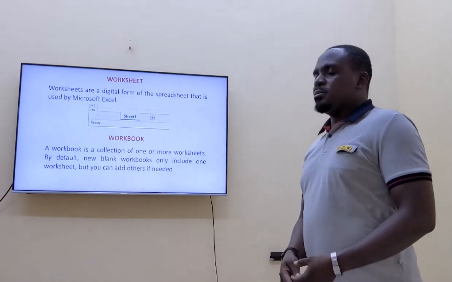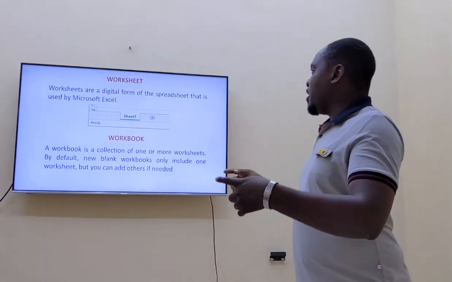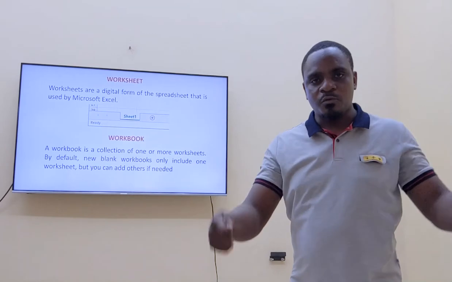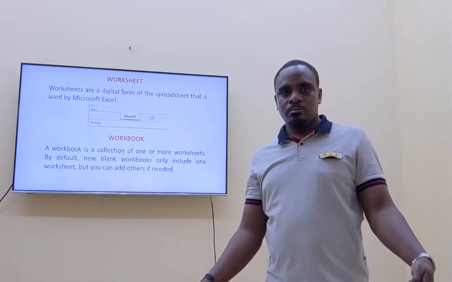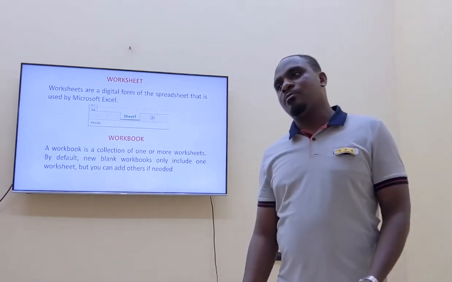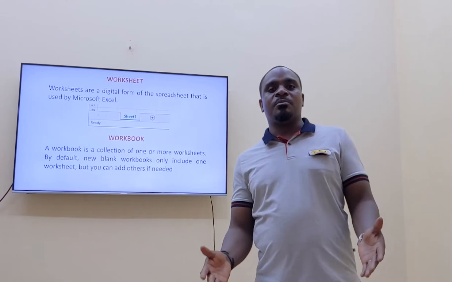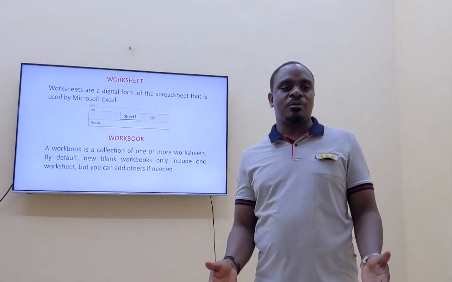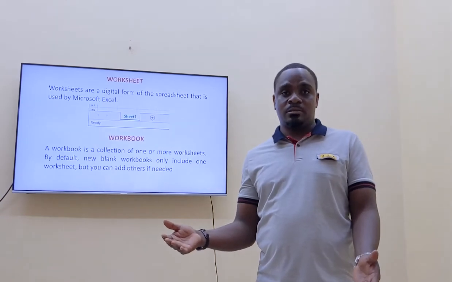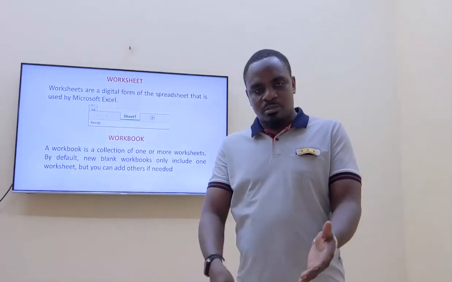Now, worksheet. A worksheet is a single form of a spreadsheet. It's just like your leaf. A practical example of this is, if you can remember back in the days in primary school, your teachers had your attendance booklet that carries forms inside of it.